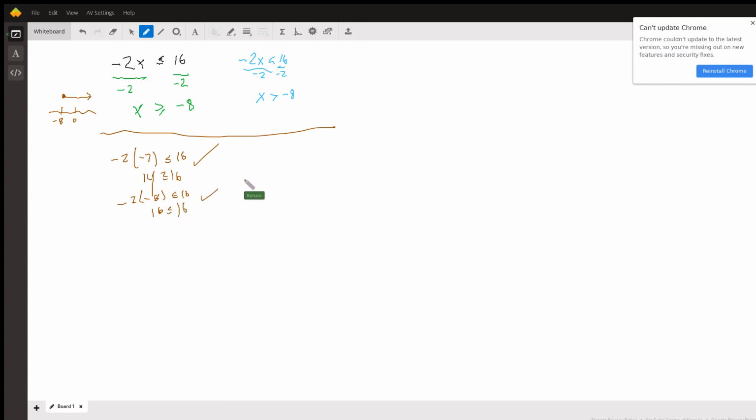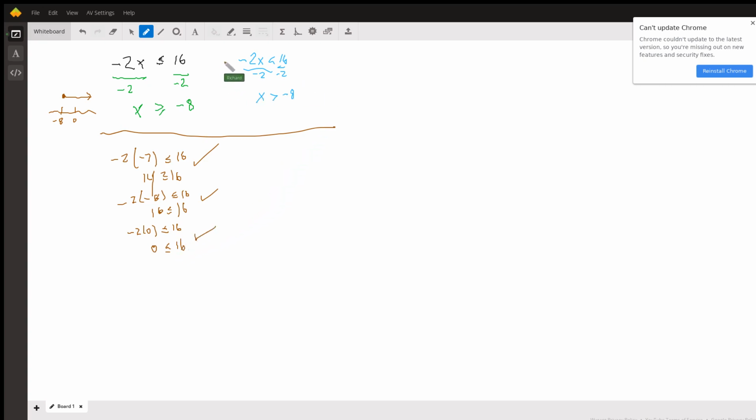So that checks also. Let's do one more. We could do 0: negative 2 times 0 is less than or equal to 16, and so 0 is less than or equal to 16. So that checks as well.